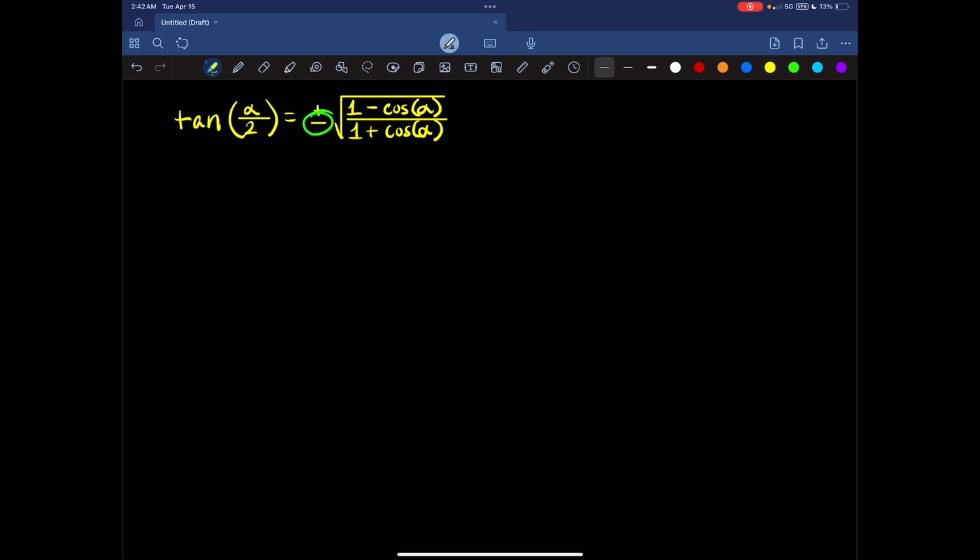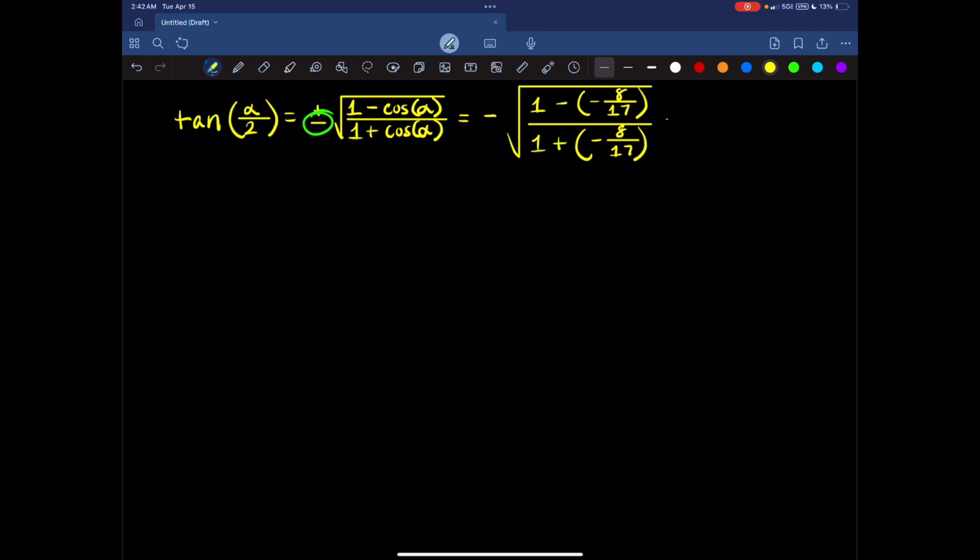And we can say this is equal to negative, with a pretty big square root here, 1 minus the cosine of alpha, which is negative 8 over 17, over 1 plus cosine of alpha, which is negative 8 over 17.